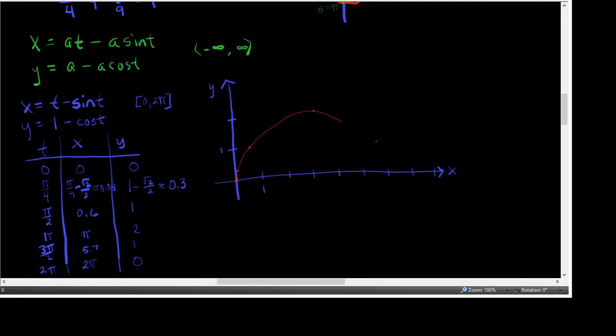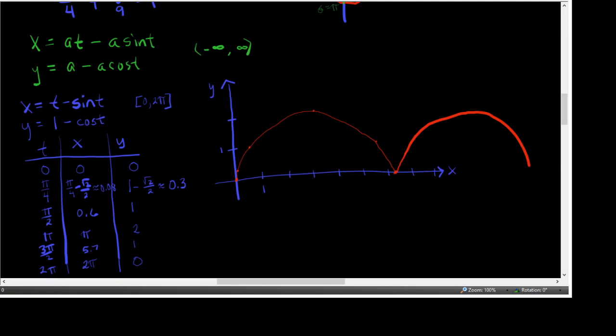This is not a circle, because if we were to continue beyond 2 pi, it would then do this and do the exact same shape again, and then it would keep going like that over and over and over. That last part I did where it's really darkened a lot more is not what they ask us to graph. It stops at 2 pi at this point on the x-axis right here.